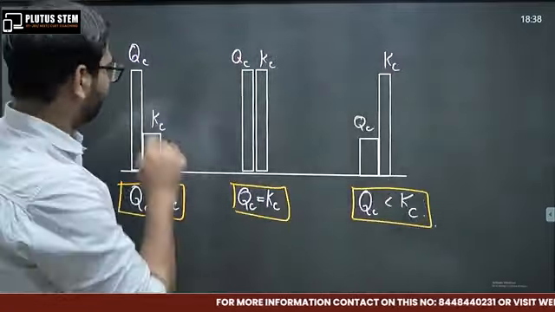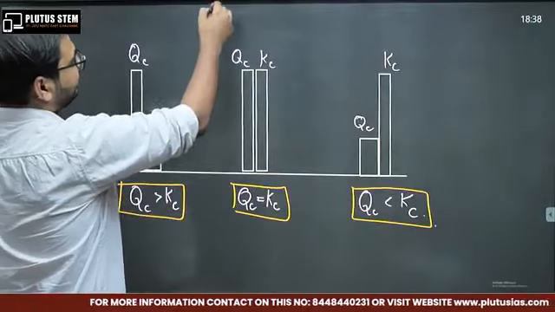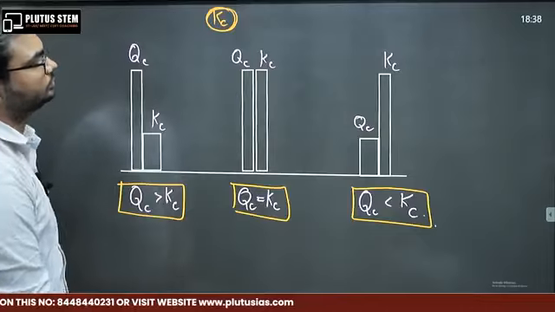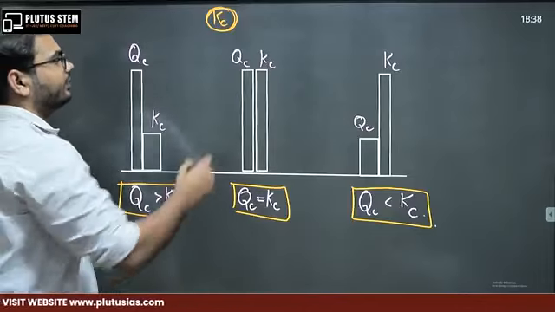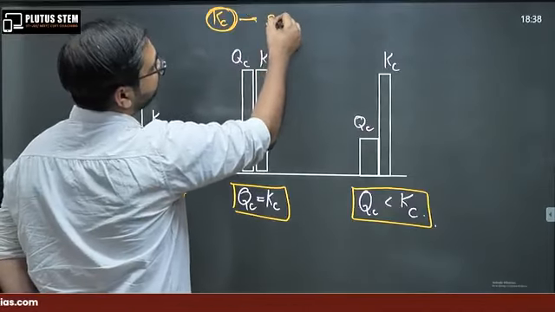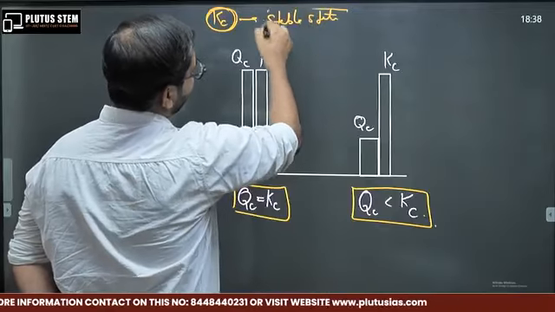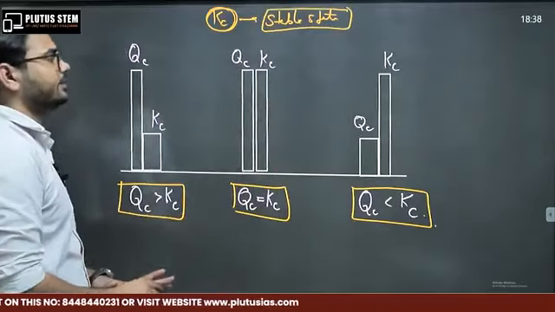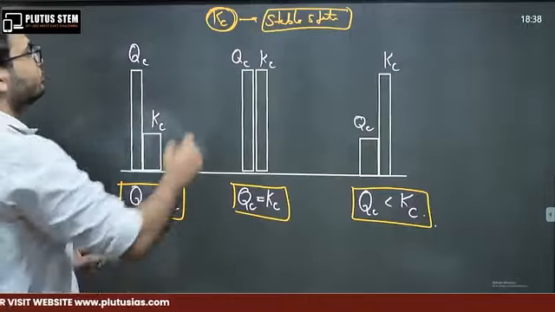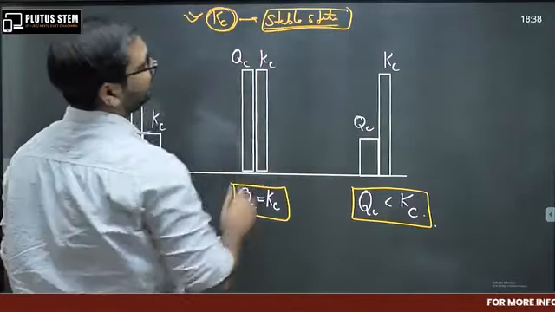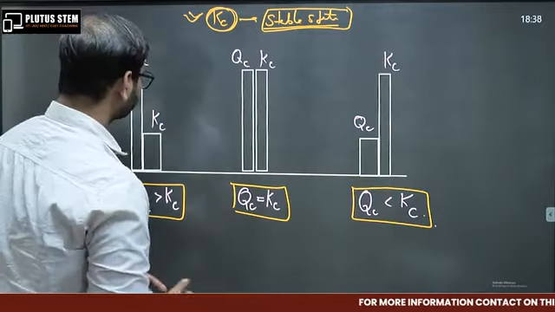Now, always remember that Kc is the highest value and it is the most stable state of the system. So no matter what happens, every system will try to achieve the value of Kc because it is much more stable and favorable by nature.